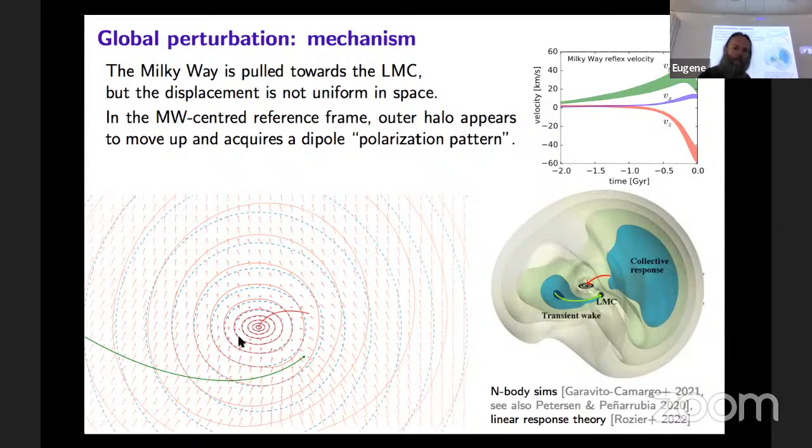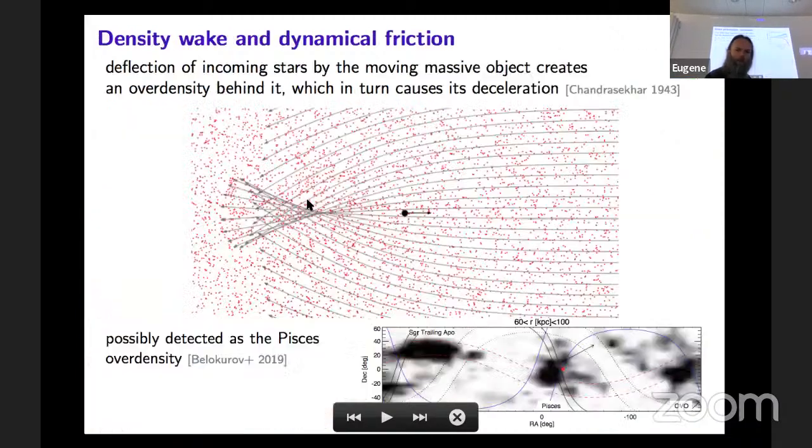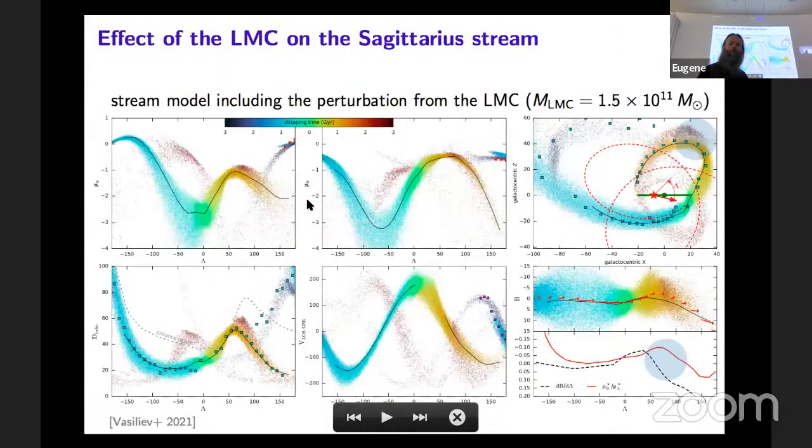Unfortunately, I deleted the slide from this talk, but from the fitting of streams, the Sagittarius stream in particular, I actually had to assume a relatively flexible model for the Milky Way, including the change in shape with radius, in order to fit all the properties of the stream. So it had to be flattened in the disk plane in the inner part, and then flattened but in a different direction in the outer part, in order to match the properties of the stream. So it has to change to some extent.